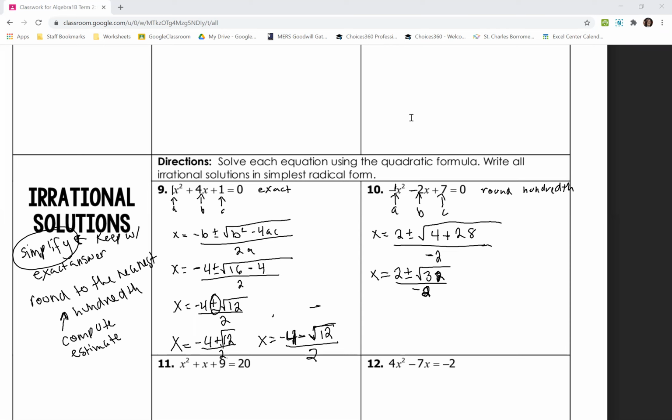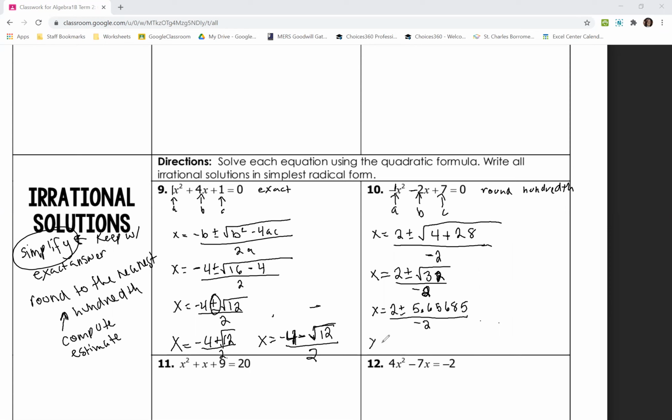5.6568. Let's go ahead and write that down. So 5.6568, all over negative 2. All right, so we'll finish this problem off. We'll first add 2 and subtract 2.